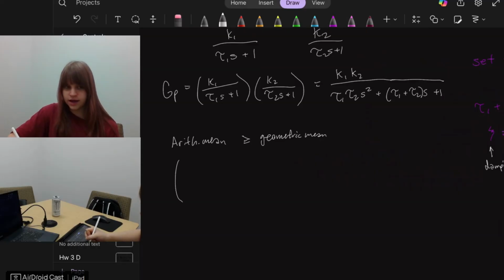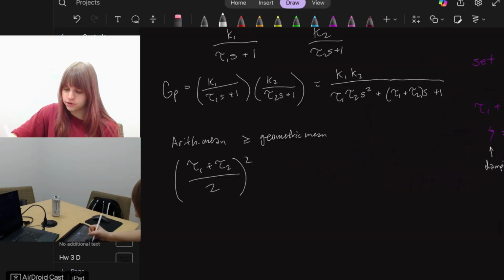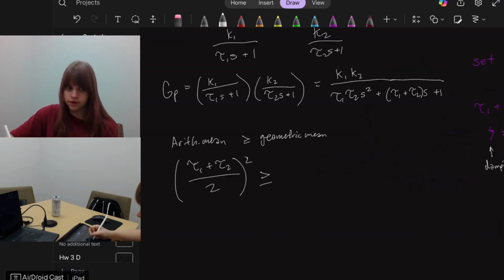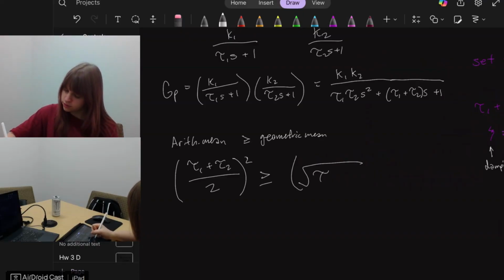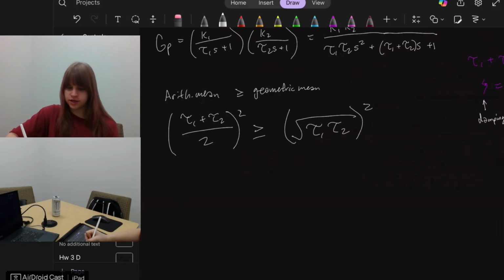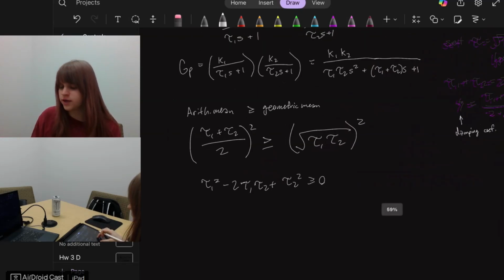And by that I mean, when you're generally taking the mean, you would have it be like this, and eventually we end up with tau 1 squared minus 2 tau 1 tau 2 plus tau 2 squared is greater than or equal to 0.